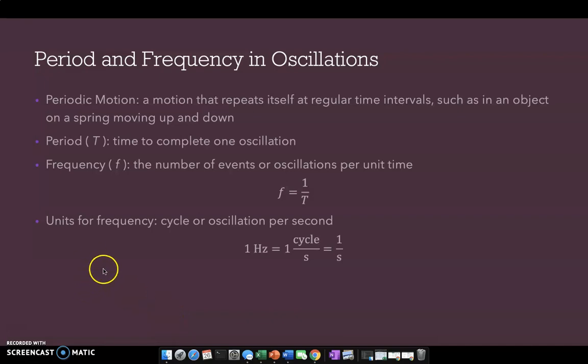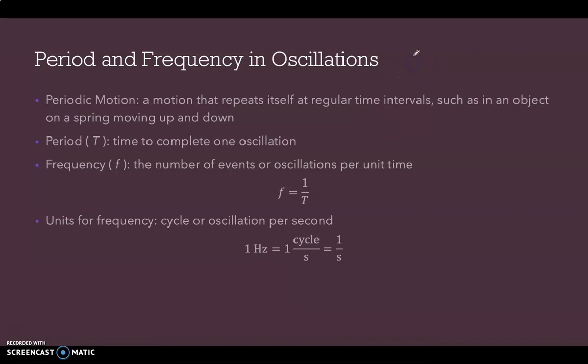All right, so continuing with this lecture, we're going to talk about period and frequency in oscillations. Periodic motion is a motion that repeats itself at regular time intervals, such as an object on a spring moving up and down.